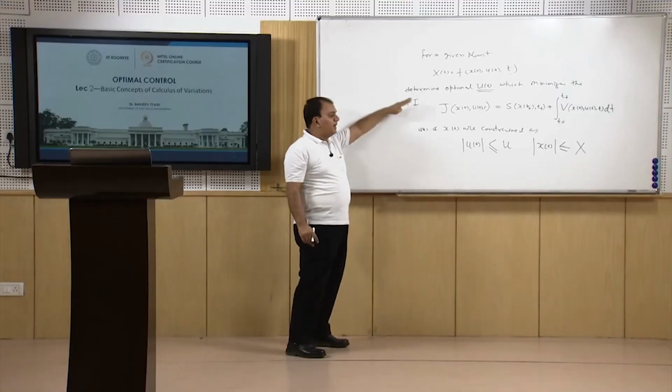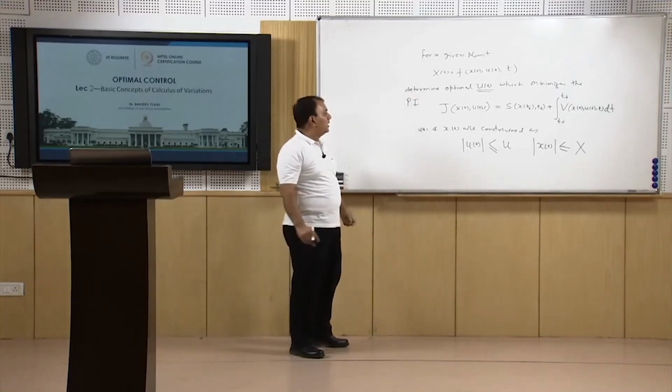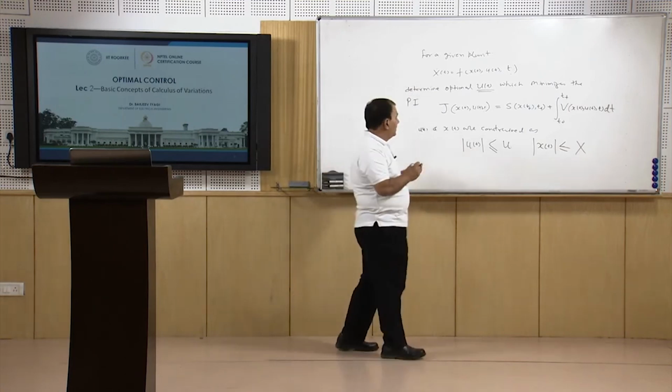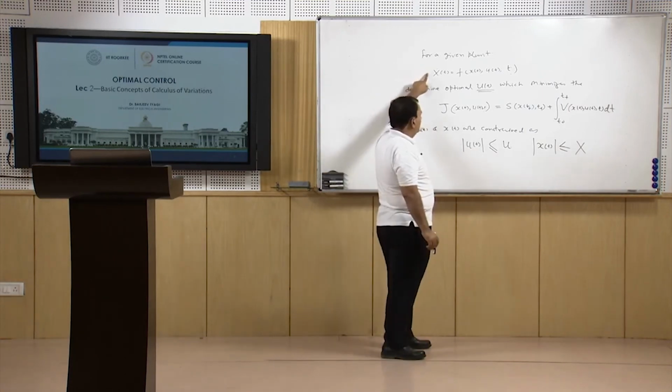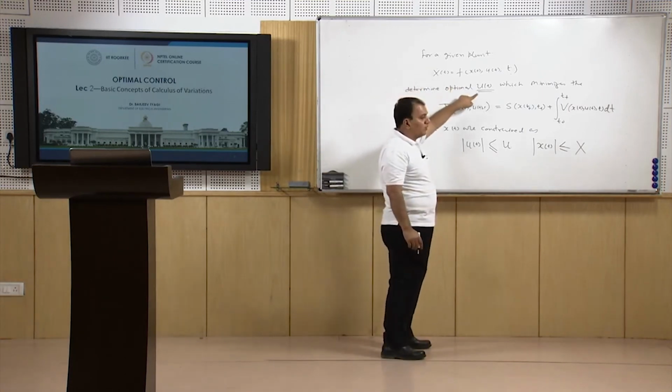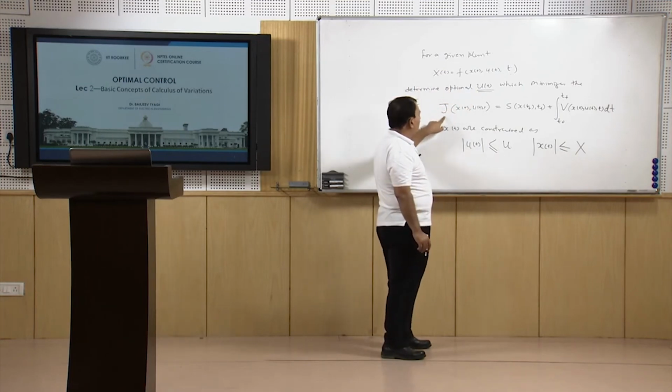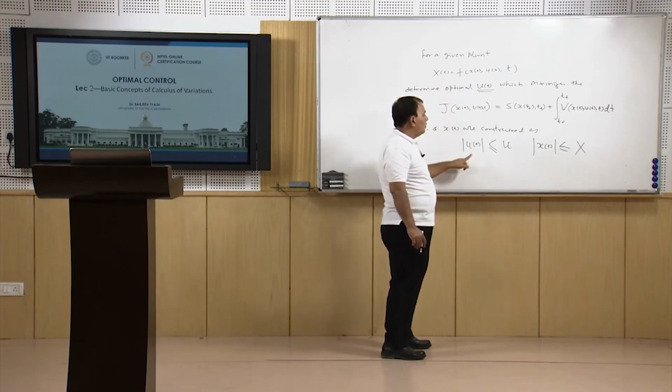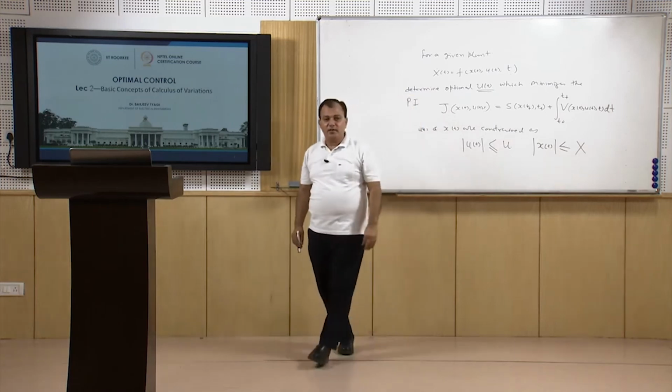So this is the complete statement of an optimal control problem. This is my plant, the objective is to find the u(t) which is minimizing the J, and u and x are constrained.